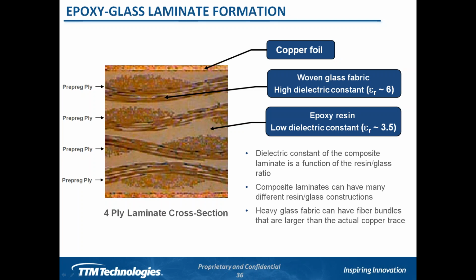In this case, we have a 4-ply laminate cross section. And what we see is the copper foil, which is shown at top and bottom, the epoxy resin, which is the light gray area, hopefully in your pictures, and then we also have the woven fabric, which you can see goes in two directions.